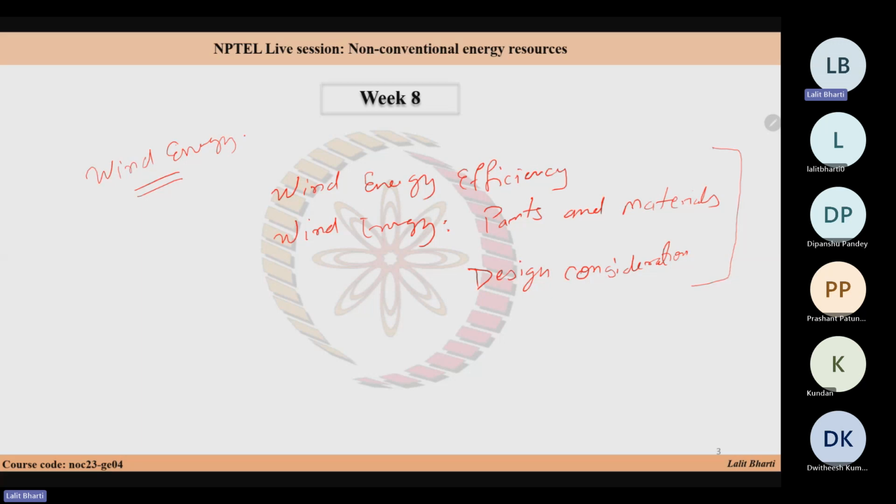In week 8, we'll be discussing wind energy efficiencies, the parts and types of materials of windmills, the properties of materials, which kinds of materials are preferred, which types of designs are preferred, and the pros and cons of different designs of windmills. So basically today we will be covering the wind energy part.